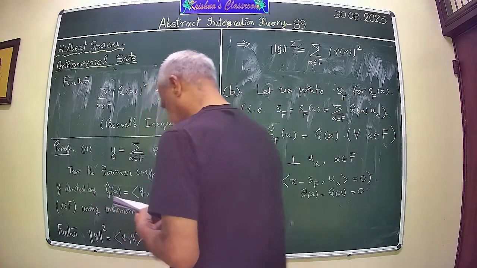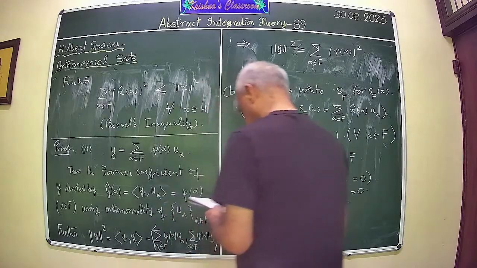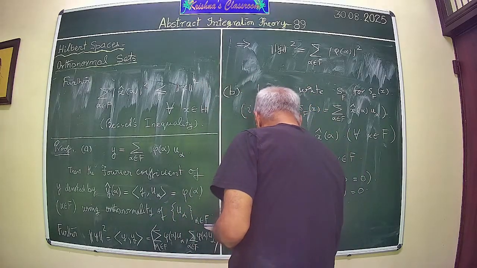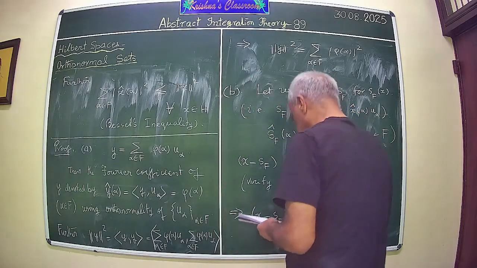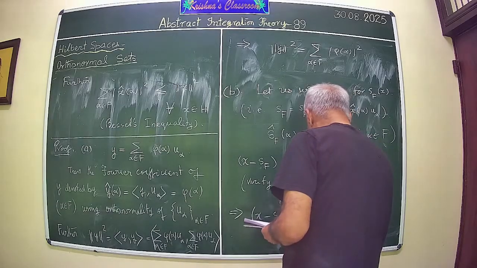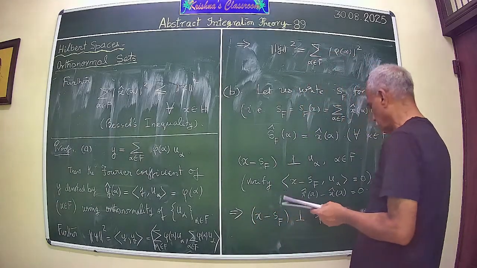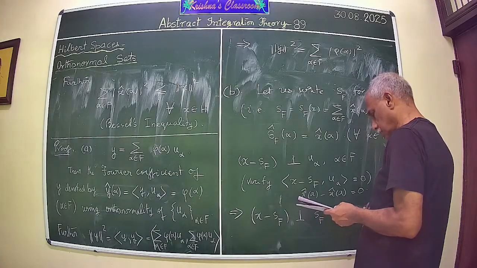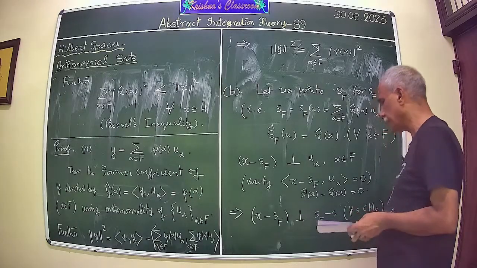Okay. Which implies X minus SF is orthogonal to SF minus S for every S belonging to L. Why?